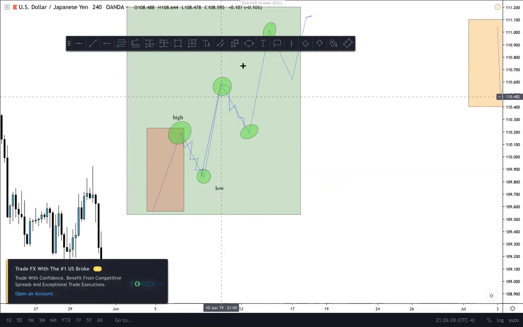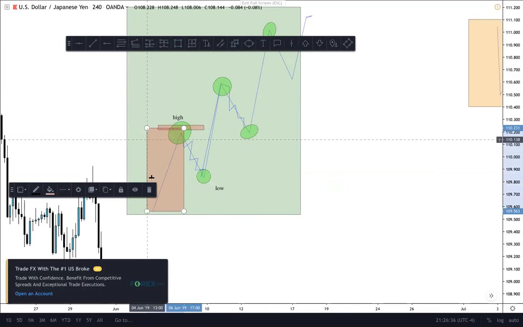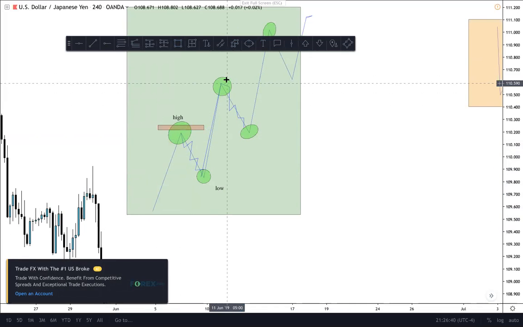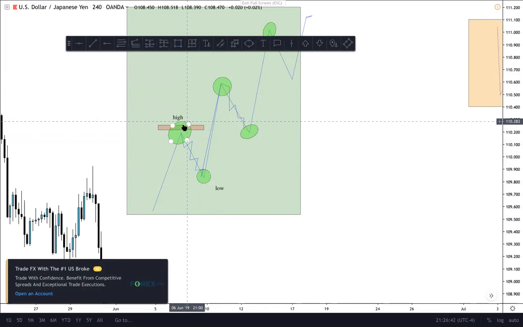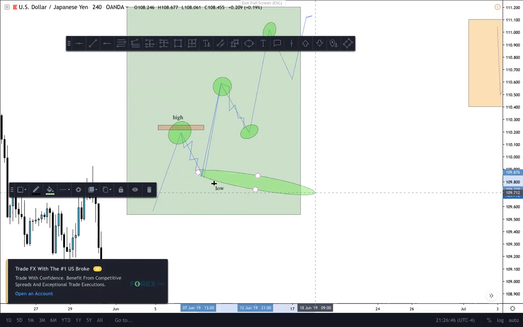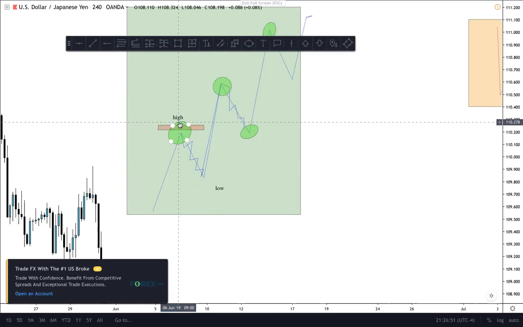And for this to be a higher high, it had to surpass the previous high, right? So the market must, after it makes the low, surpass the previous high. And this is not a low until it passes this high.